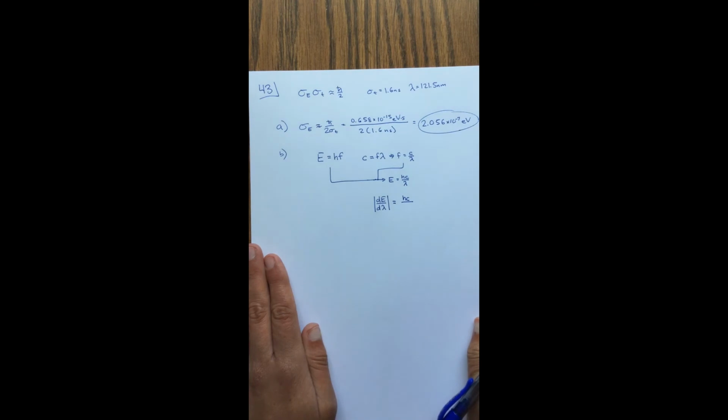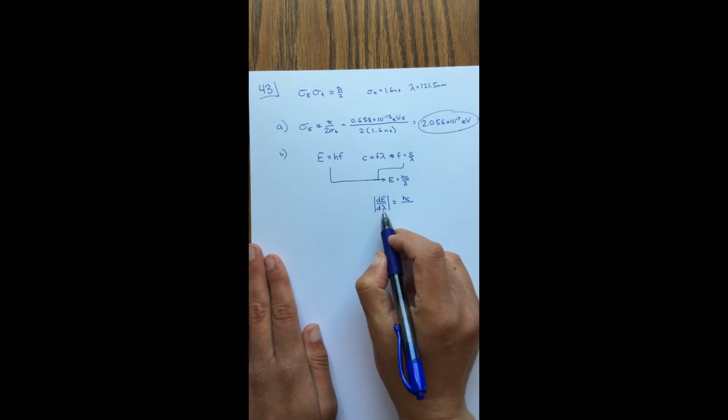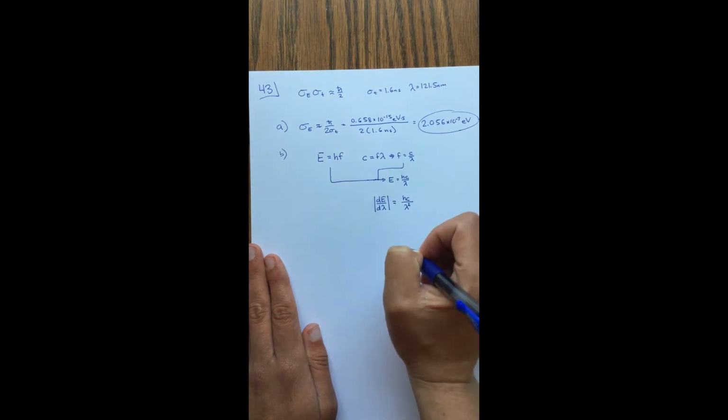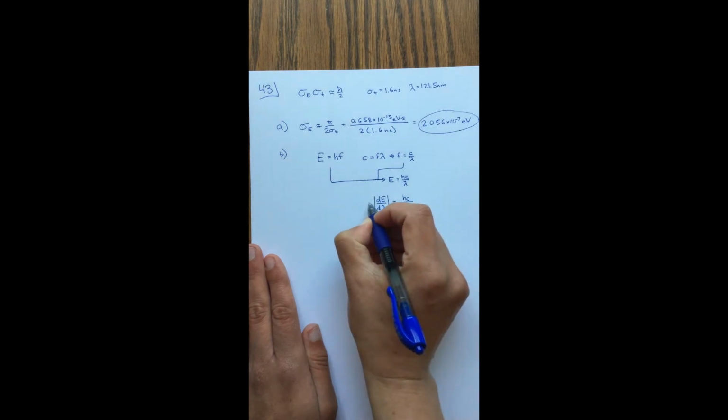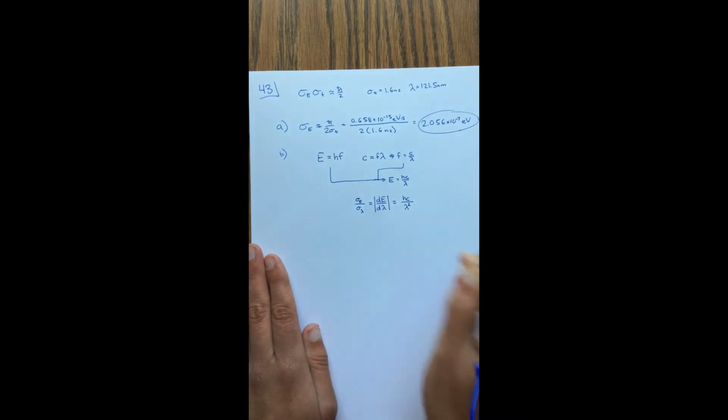If I take the derivative of 1 over lambda with respect to lambda, I get negative 1 over lambda squared. But since we're dealing with uncertainties here, we just want the absolute value, so that's hc over lambda squared. They said to interpret the differentials as uncertainties, which means this is sigma E over sigma lambda.